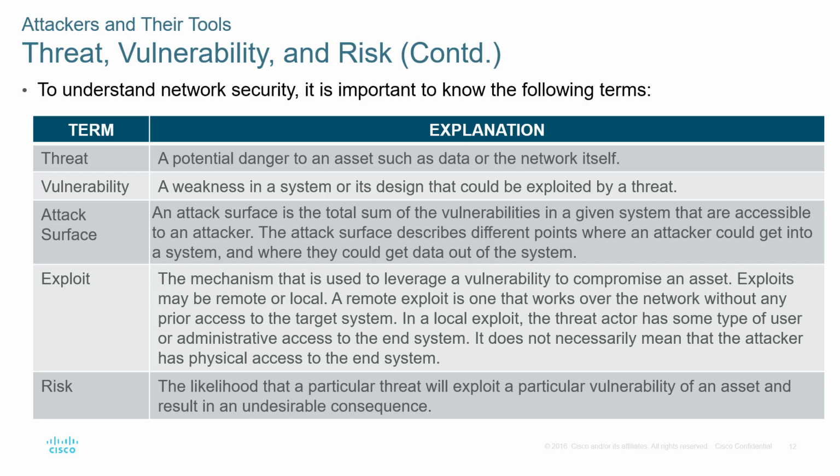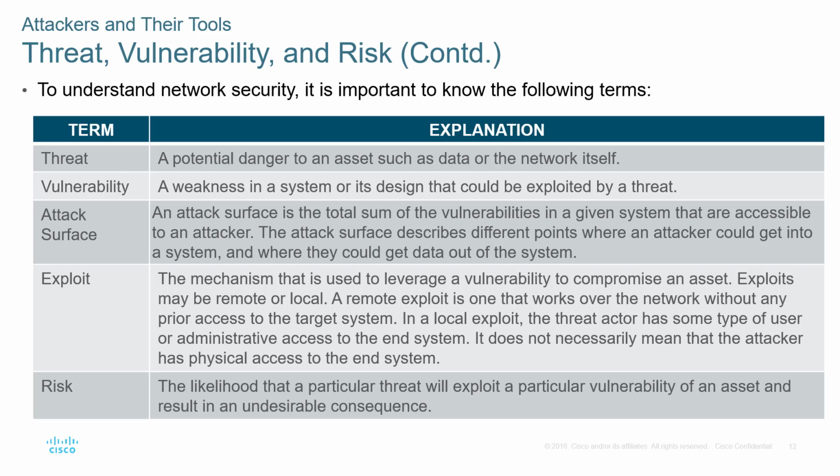An exploit is the mechanism that you use to leverage the vulnerability to compromise the assets. Exploits can be remote, could be local, they could be code, they could be a privilege escalation, it could be anything. Again, the exploit is being able to leverage that vulnerability that is a weakness to gain access to that asset.